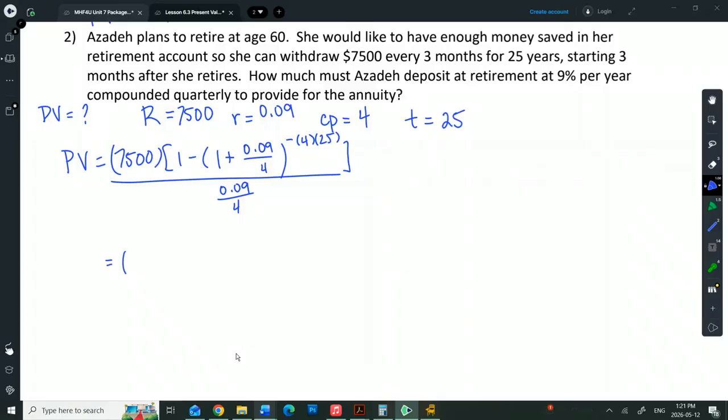Okay, and then I'm just going to do one extra simplification step.